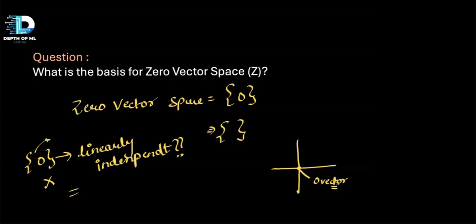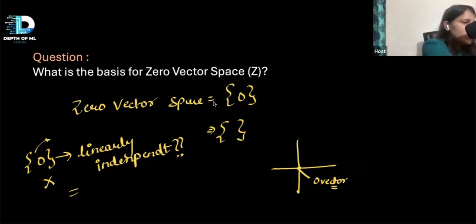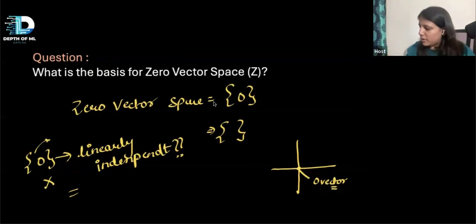Yeah, ma'am. Okay. If you're still not satisfied, we can chat after the class. But others, is it clear why the basis for a zero vector space is the empty set? I actually have a book that defines that. Let me see if I can find it.